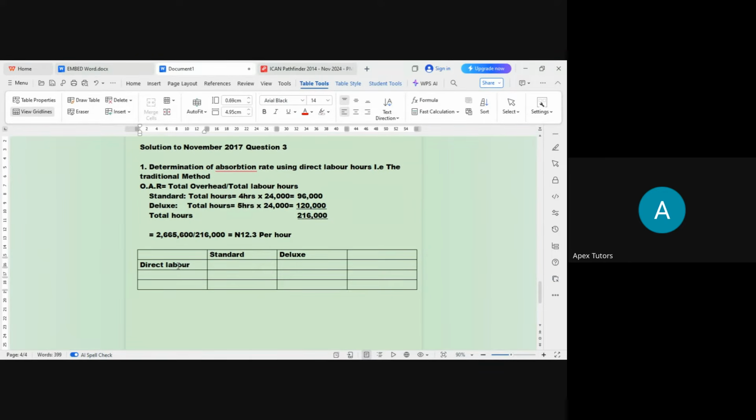So we have direct labor hours per unit. For standard is what? For the loss is what? 5.